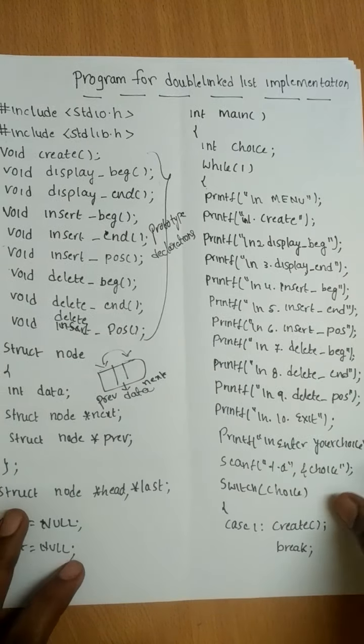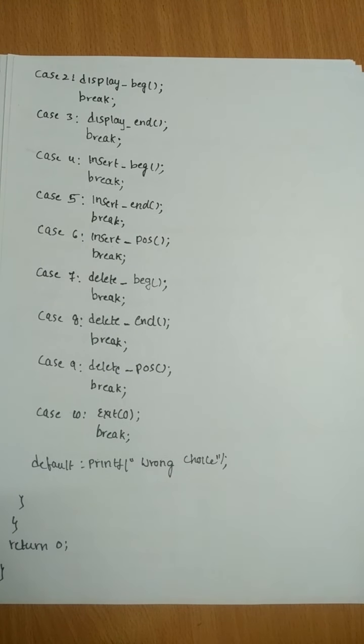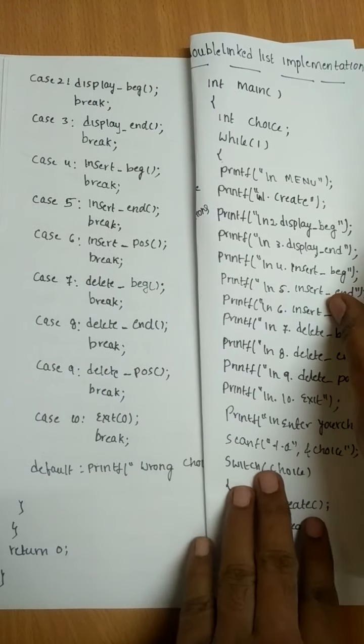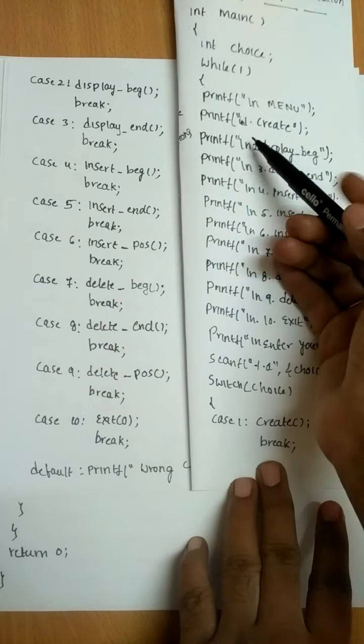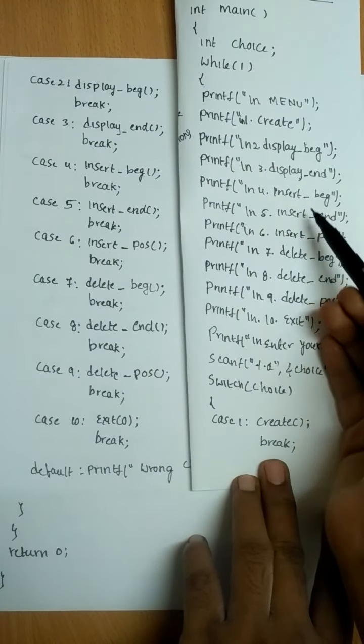Similarly, in all cases, if it is according to our menu, if it is 2, then we have to call the function display at beginning.